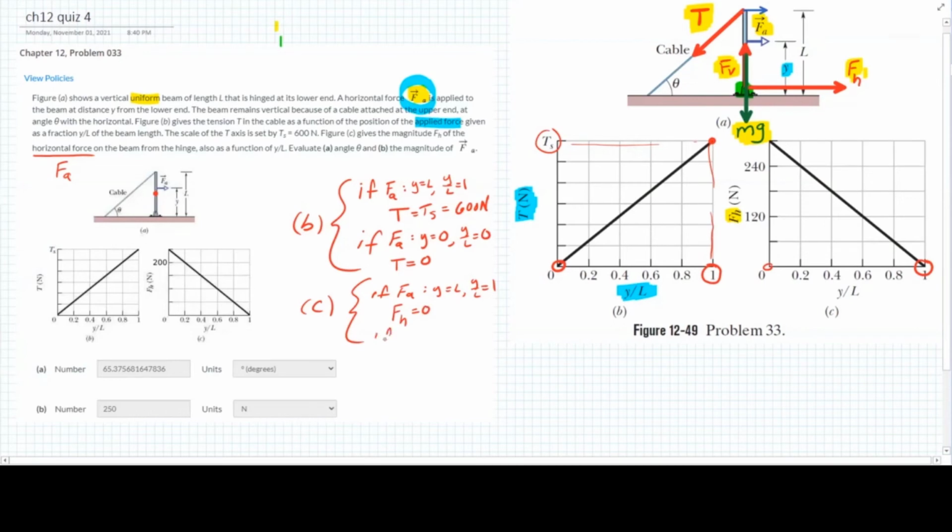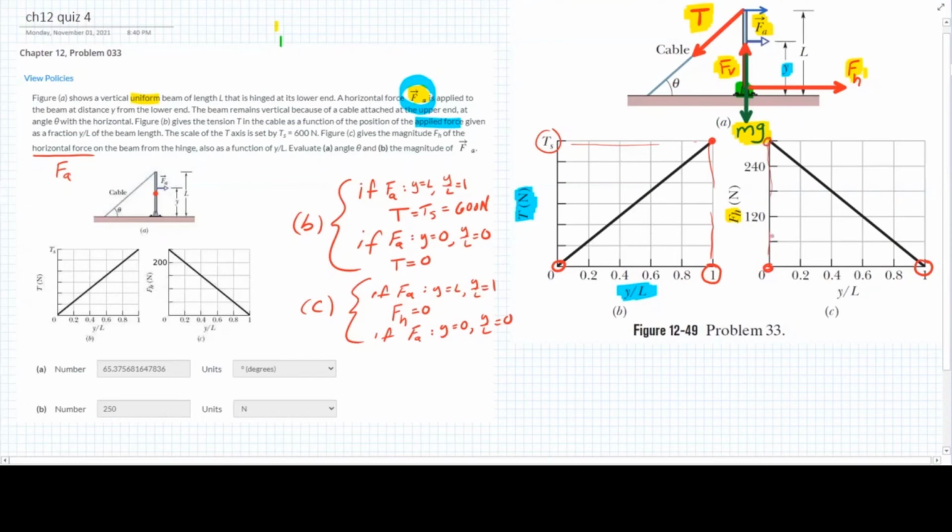Okay, if F sub A is applied at Y equals 0, then Y over L equals 0, which I'm right here now. And that means F sub H. Oh, that's going to be useful.